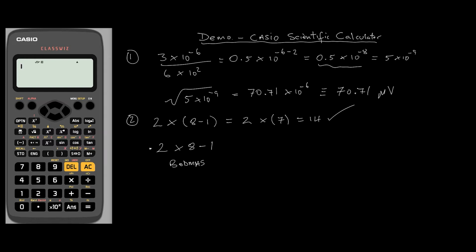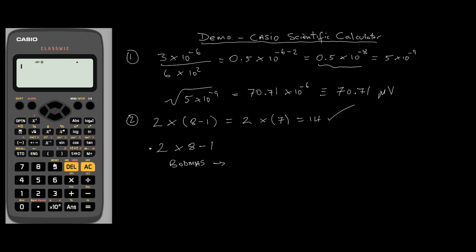Order means powers, essentially. So it does brackets first, there aren't any. It does order, or powers, there aren't any. It will do division, there's no division. Then the multiplication, it does first. So it's going to go 2 times 8, which is 16, take away 1. This will give 15, which is obviously the wrong answer to what we intended.